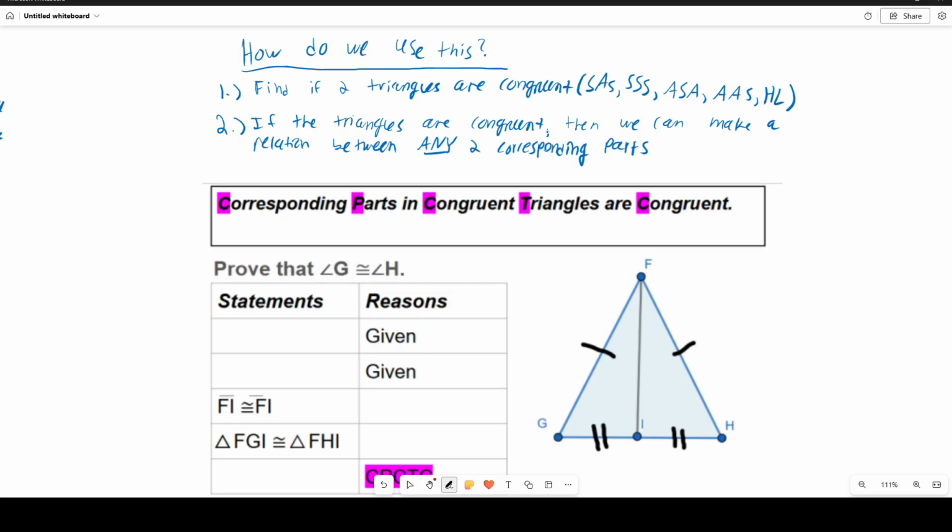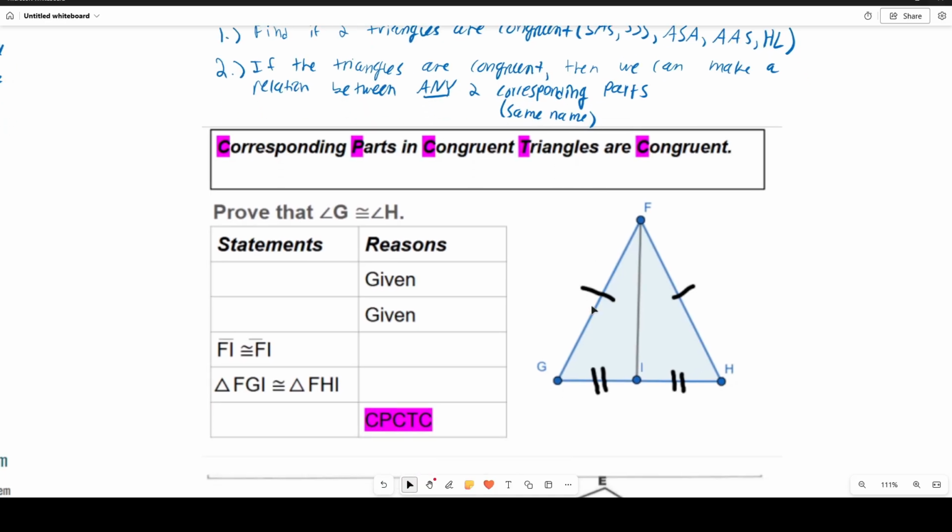And when I say corresponding, I mean like the same name, like angle 1 or angle 2, or like here, this angle G is between side 1 and side 2, and this angle H is also between side 1 and side 2. So angle G and H, these two would actually be corresponding parts.